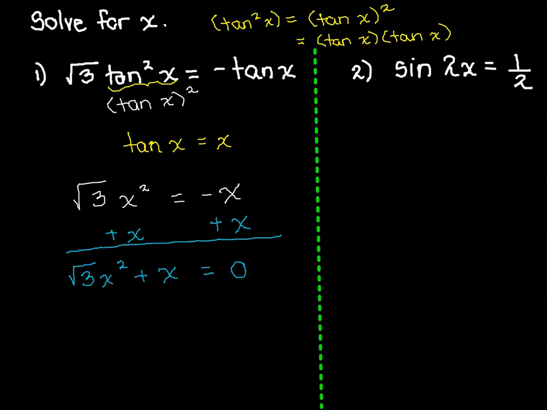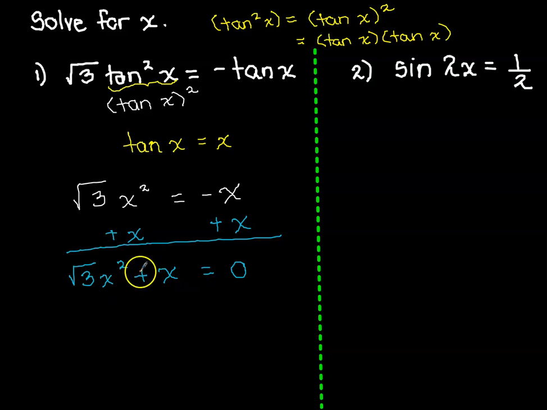But since there's only two terms here, there's only two different ways to factor. One, you have a GCF, or two, you have a difference of two perfect squares, meaning you could take the square root of each term perfectly, and there's a difference, meaning a subtraction sign. So this is obviously not a difference of squares. We don't have a subtraction sign, and I can't take the perfect square root of 3. I'll get into a difference of squares later just to throw in a quick algebra review.